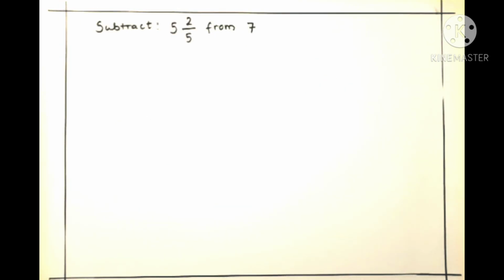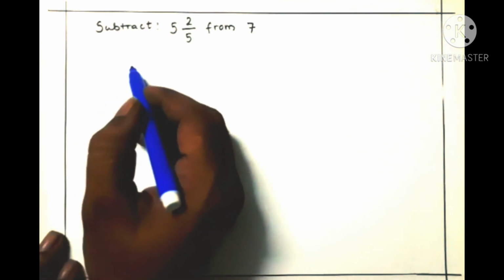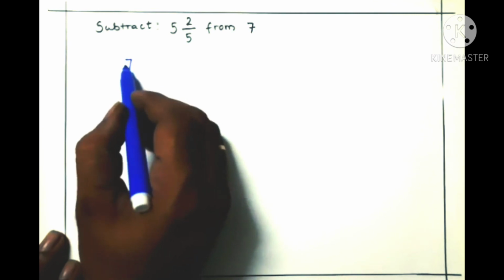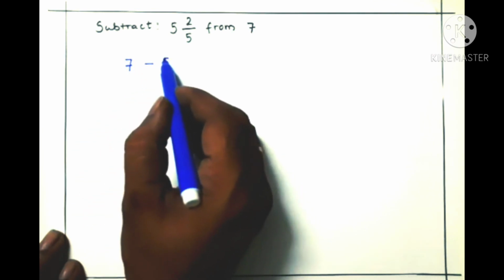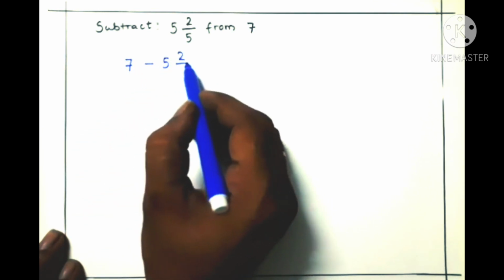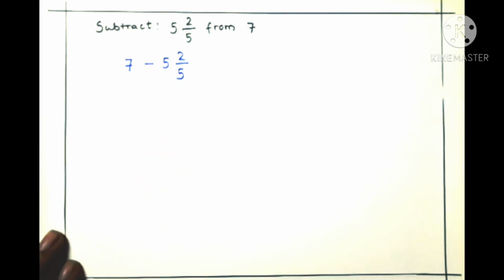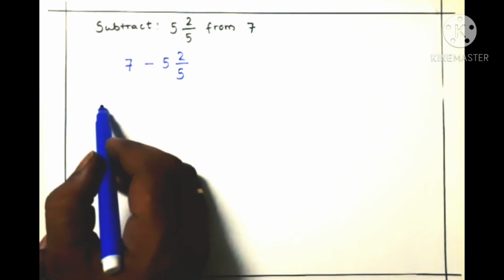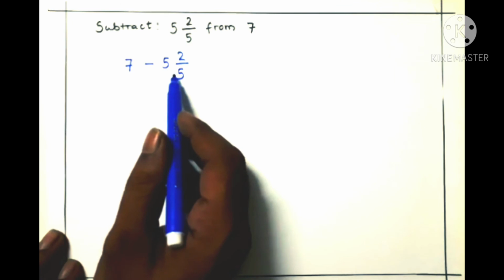So one more question, let us solve. Subtract 5 whole 2 by 5 from 7. So from 7 we have to subtract 5 whole 2 by 5. So let's write it. Here always remember, mixed fractions will be converted into improper fractions.